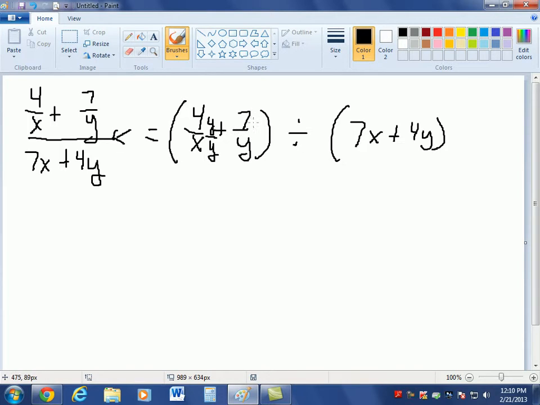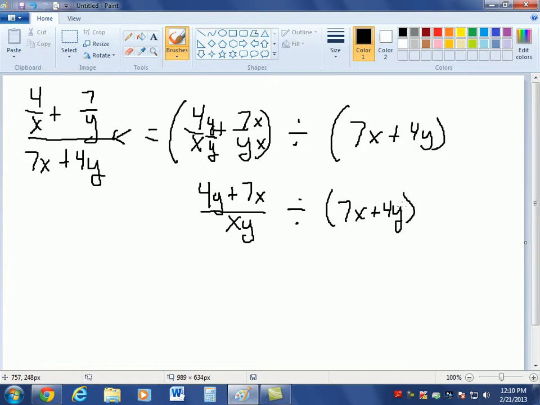And what do we do with the second fraction? x over x. And so now what we have is 4y plus 7x over xy, divided by 7x plus 4y.